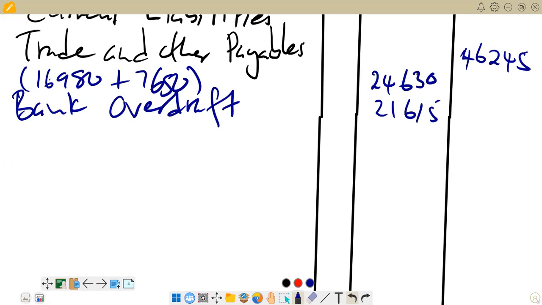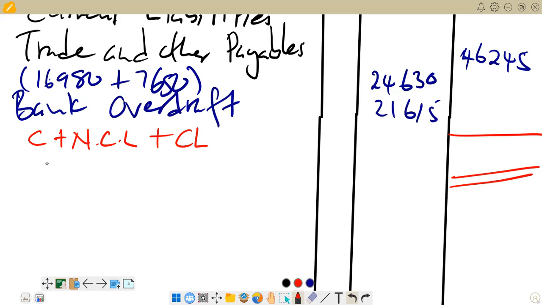So we are now going to add our capital plus non-current liabilities, then we add our current liabilities to get the figure for the second balancing figure here. The figure that we got for capital is 592,065.